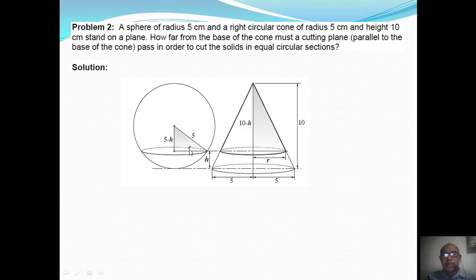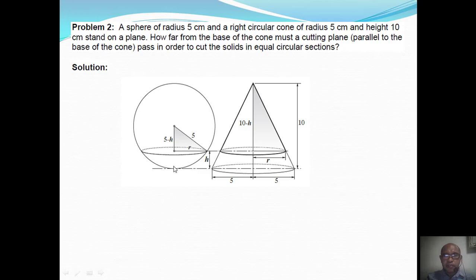So we have here r, r. Let us say the distance we have to solve, the distance in question, is the distance h, the distance from the base to the cutting plane. If you consider the sphere, this is the radius 5, then this is the radius r of the circle cut by the plane.